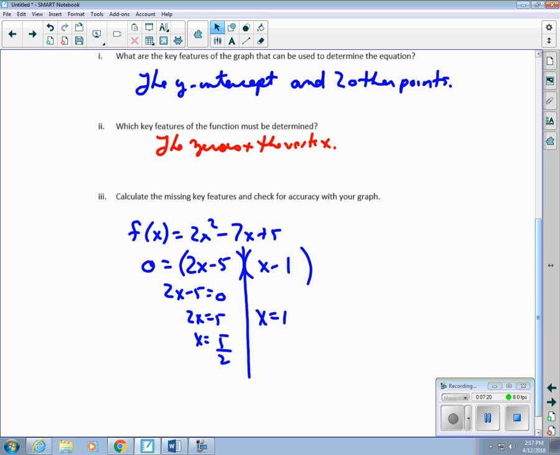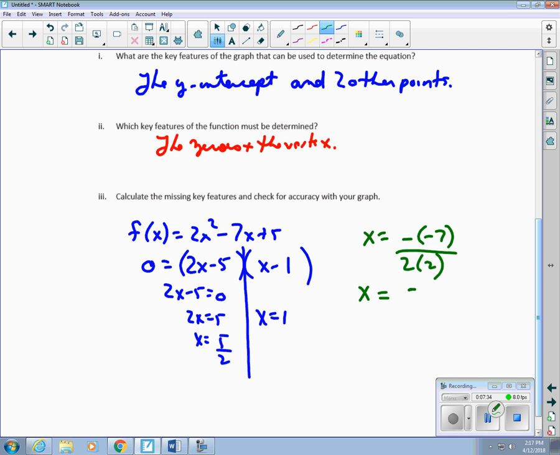To find my vertex, I'm going to use negative b over 2a. So negative negative 7 over 2 times 2, or x equals 7/4. Then to find the y that goes with it, I would plug it in and find that it's negative 1.125, which also seems to fit what we see in the graph.